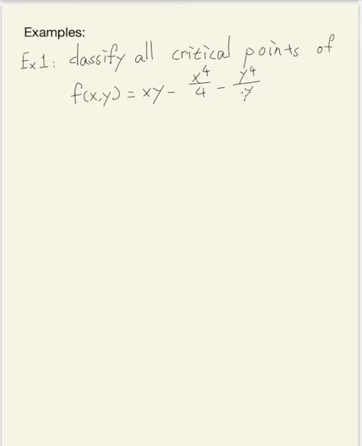Okay, first step, as always, compute the partial derivatives. f partial x equals y minus x cubed, and f partial y equals x minus y cubed.